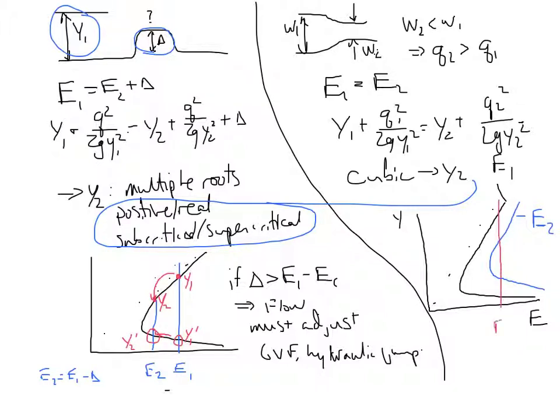Then we can think about y1 upstream going to y2 in the constriction on the subcritical branch. On the supercritical branch, y1 prime goes to y2 prime. So again, we choose the subcritical or supercritical route to match upstream conditions.